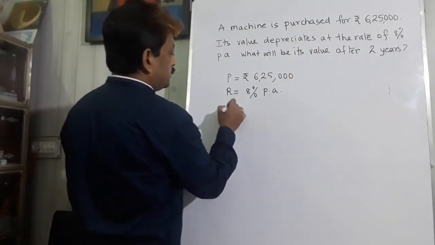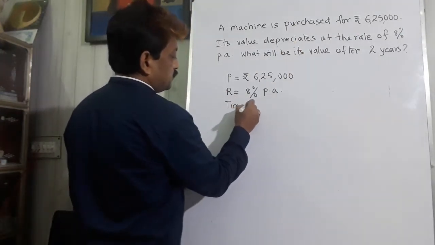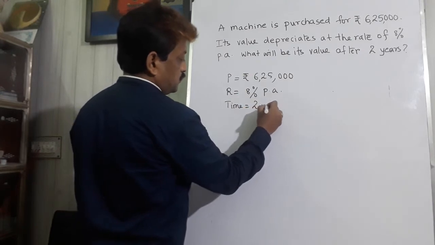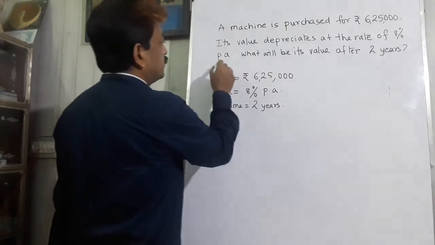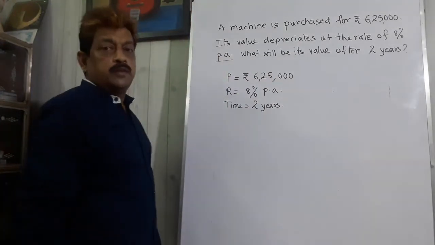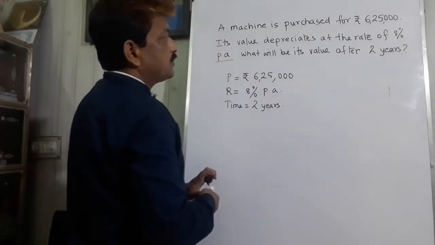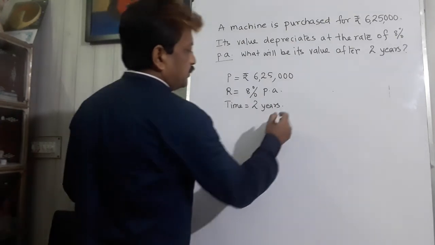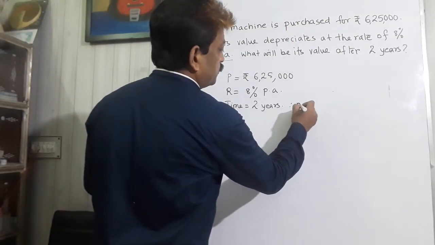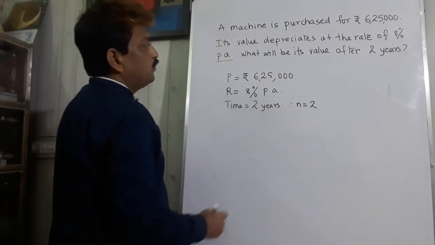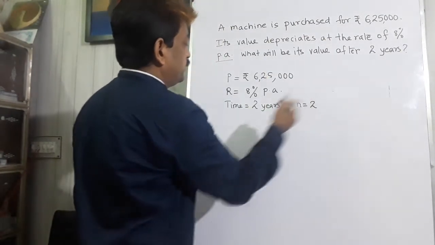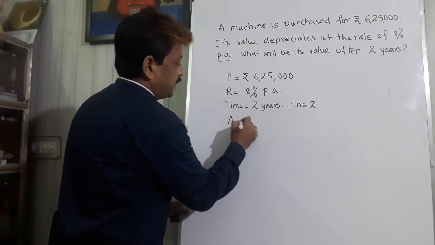Time is given 2 years. And since it is also a case of annual interest, meaning annual decrease, here n is equal to 2, that is the conversion period is 2. What we have to find? We have to find the value after 2 years, that is we have to find the amount.